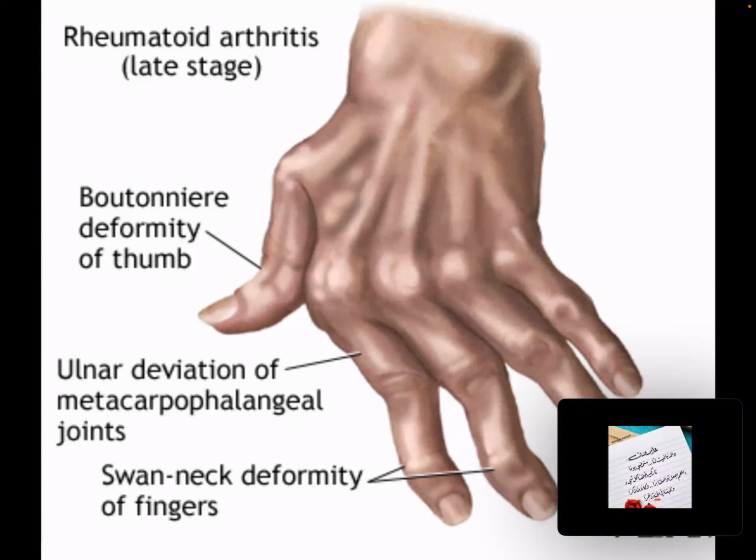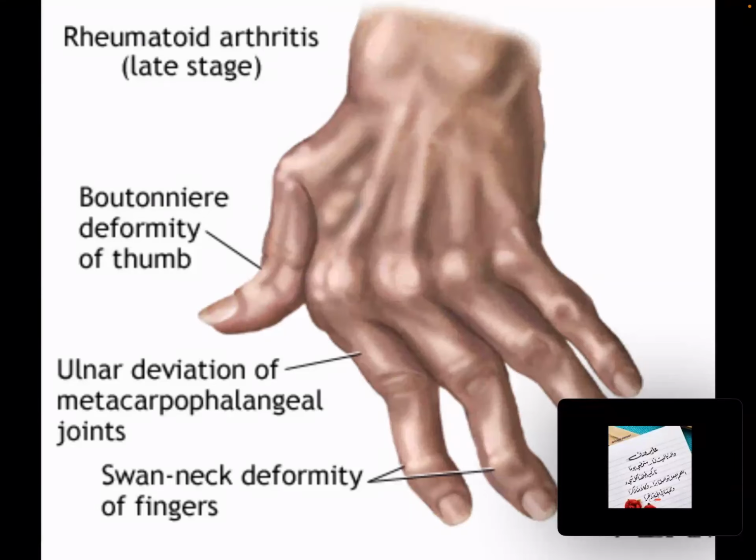That's how you can differentiate between mechanical and inflammatory by timing. If the problem is in the morning, it's related to accumulation of inflammatory mediators, so the pain and the stiffness will be more in the morning, and it will be relieved during the day.